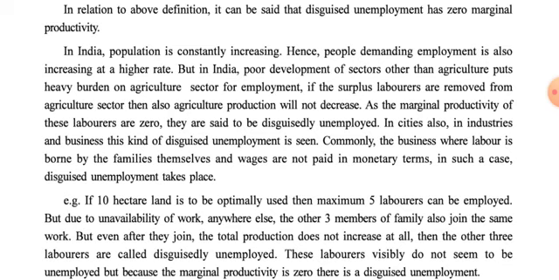But in India, poor development of sectors other than agriculture puts a heavy burden on the agriculture sector for employment. If the surplus laborers are removed from the agriculture sector, then also agriculture production will not decrease, as the marginal productivity of these laborers is zero. They are said to be disguisedly unemployed.